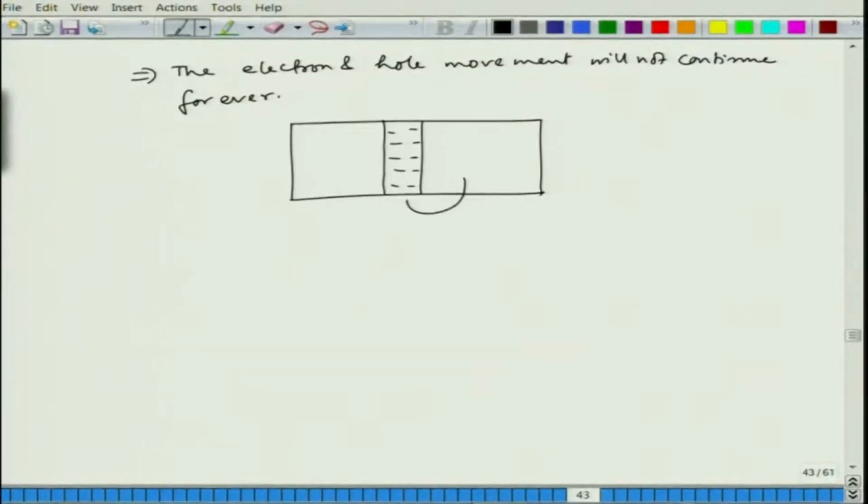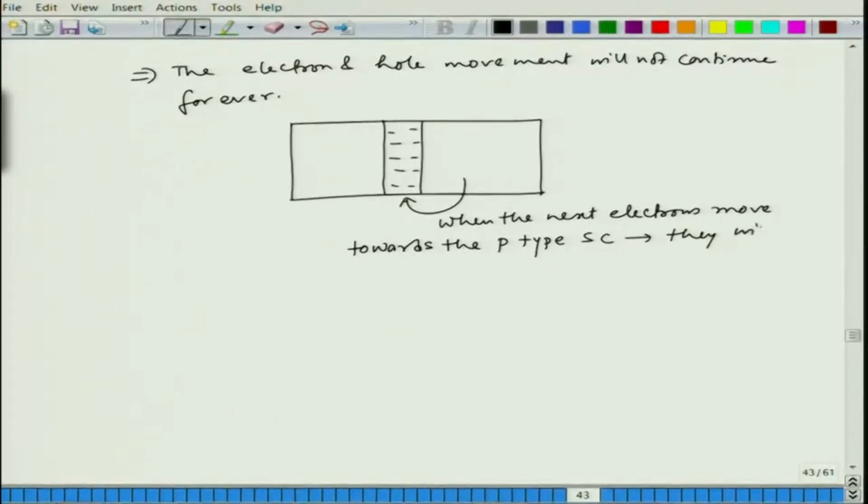So, when the next electrons move towards the p type semiconductor, they will be repelled by the negatively charged layer, and this repulsion will increase as the process continues.